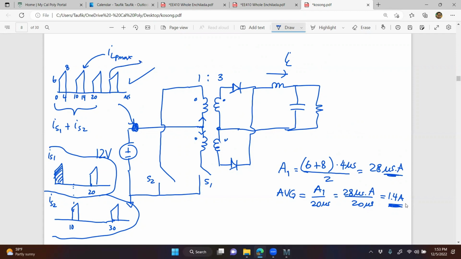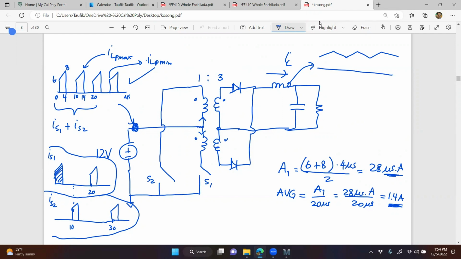And this one is ILP min, which means this is the same as the peak current of the inductor, but reflected to the primary side. So if I were to draw the current through the inductor, it will look like this, right? Agree? Yes.